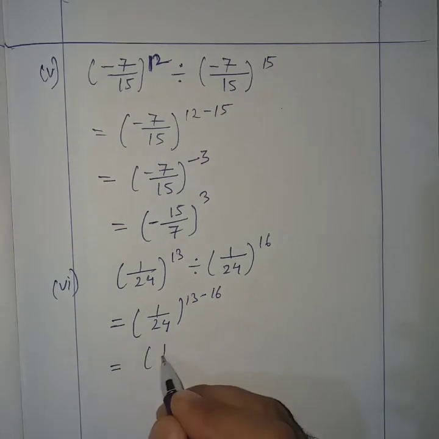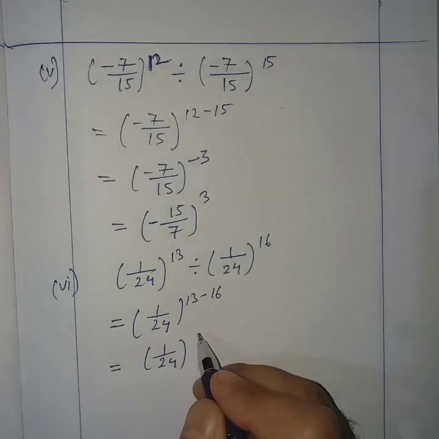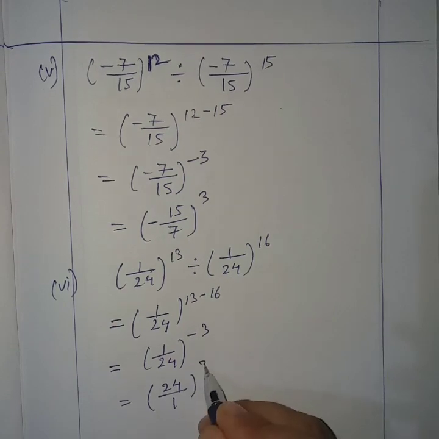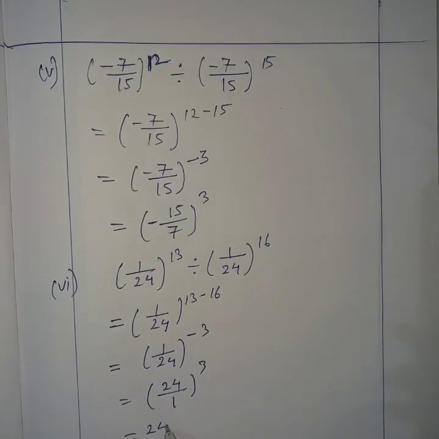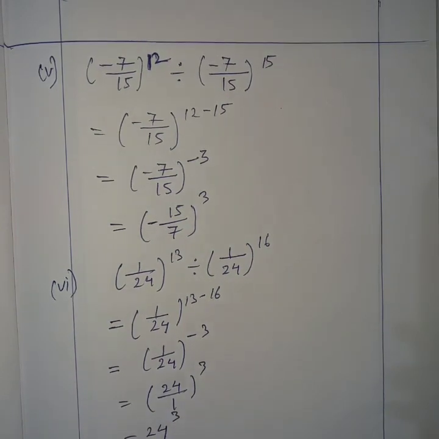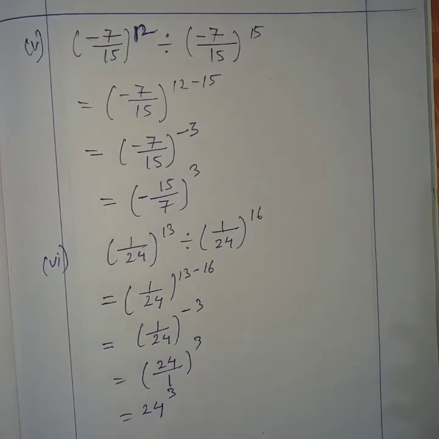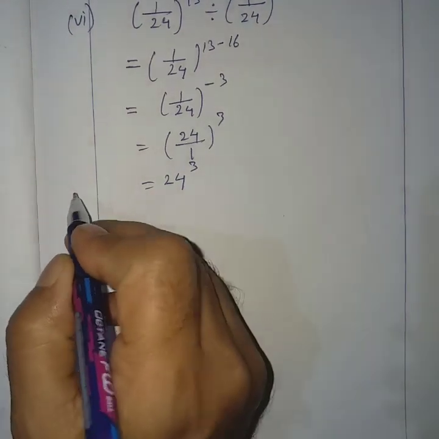Okay, this is 1 by 24 to the power minus 3, and to remove the minus we can take the reciprocal of this fraction. So this gives us 24 to the power 3. Okay, now question 5.